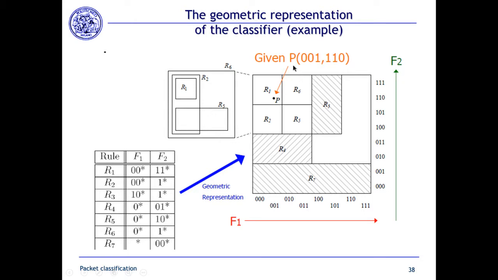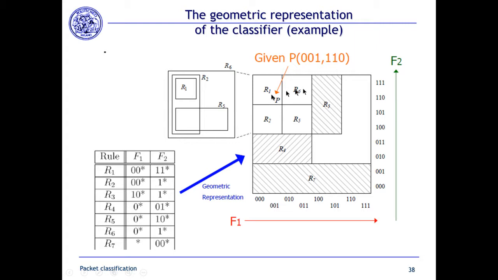And the right packet contains 001 and 110 in the two fields, so you identify the incoming packet as belonging to the second interval here and the first interval here. Then you go to the table and you will find the result for this tile, which is R1.